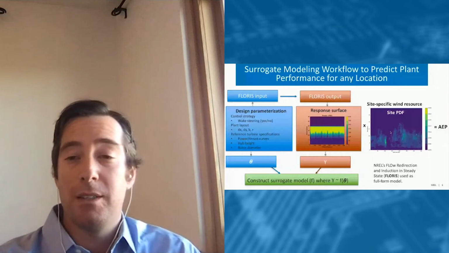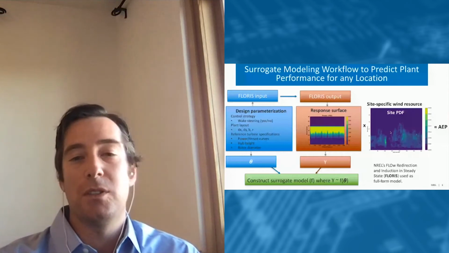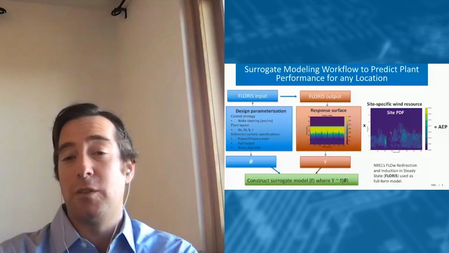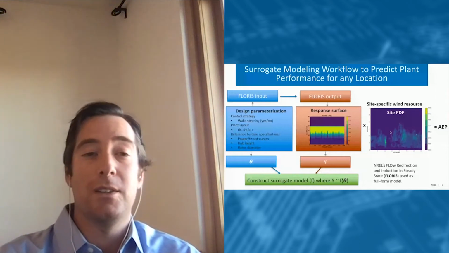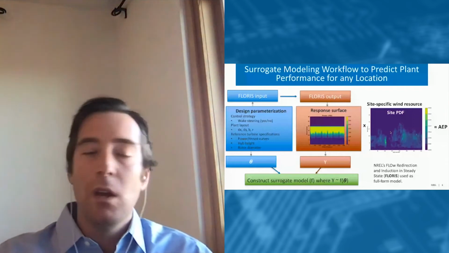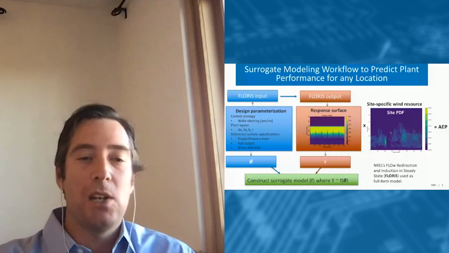And so our response surface workflow, again, is to take these input parameters, feed them into this FLORIS model, generate a response surface, and then we train the surrogate model so that it can predict these response surfaces as a function of these input parameters. So we observed when looking at the response surface that it has these spatial characteristics.